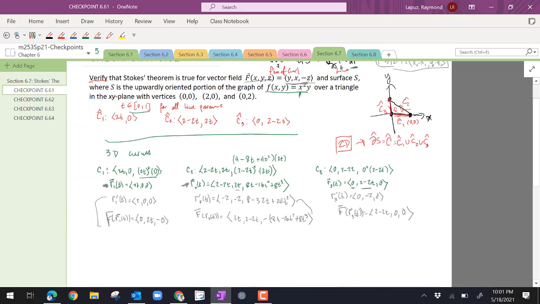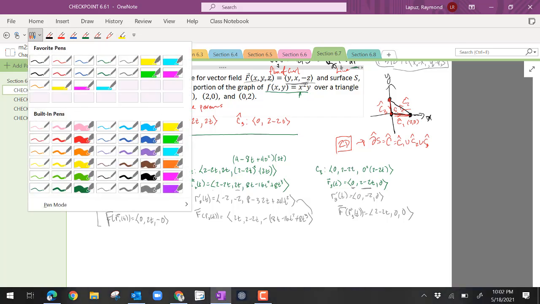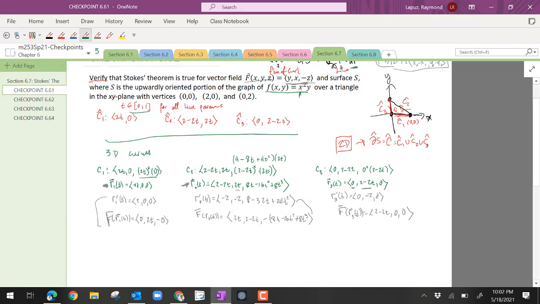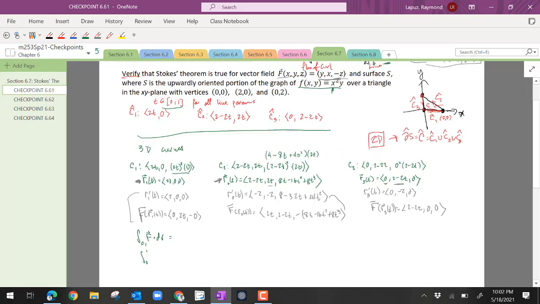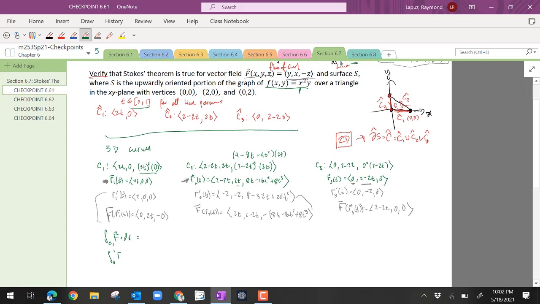All right. I want to focus on the first and the last one because they're going to end up being quite easy, simpler maybe. So your line integral for the first one, line integral over C1 of f dotted with dr, will equal the integral from 0 to 1 of f of r of t dotted with r prime of t dt.